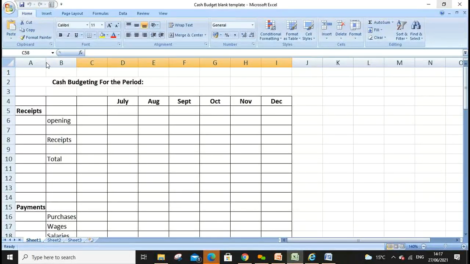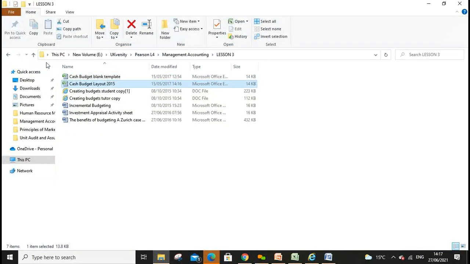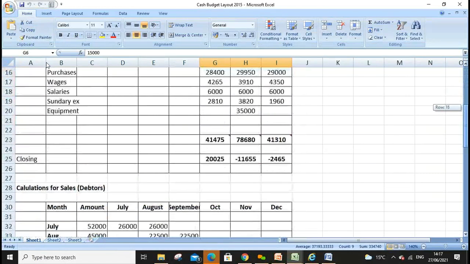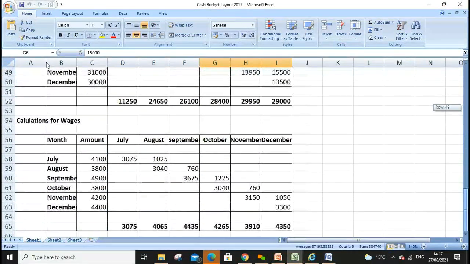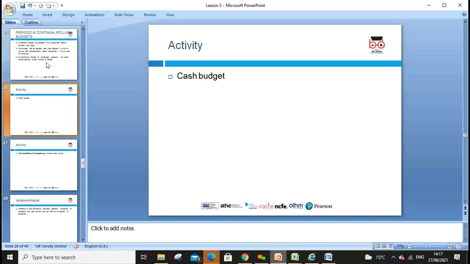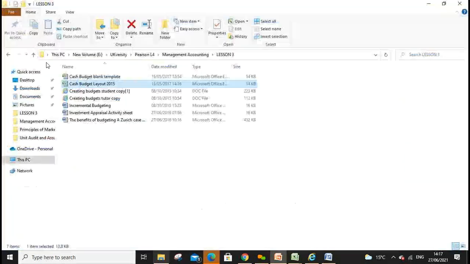That can be one, and other than that, we have these templates which we already solved. You will see that's the template, and then the next one is an actually solved budget for September, October, and you will see their net balance. What we have here is a negative. So that's an example; we can look at the cash budget.